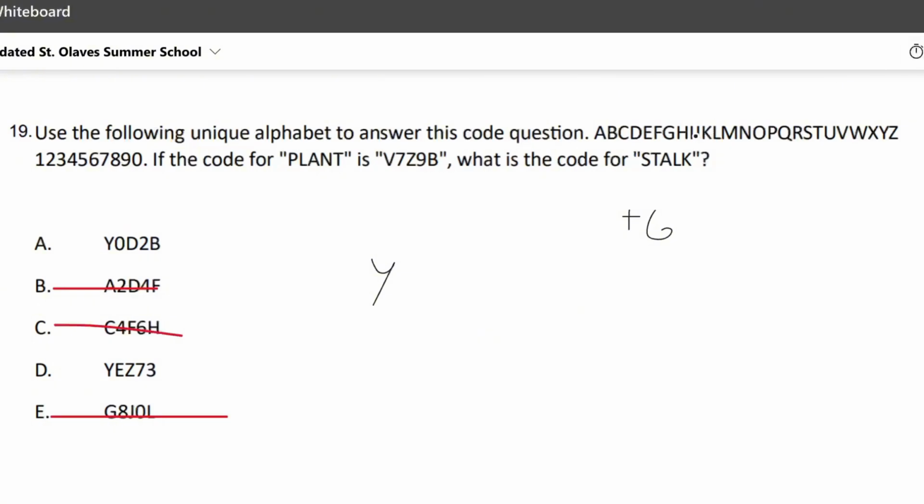So 1, 2, 3, 4, 5, 6, 7, 8, 9, 10, 11, 12, 13, 14, 15. We need to minus 15. And then T, if we minus 15, we get 1, 2, 3, 4, 5, 6, 7, 8, 9, 10, 11, 12, 13, 14, 15. We get YE. We can see that is starting to look like solution D.